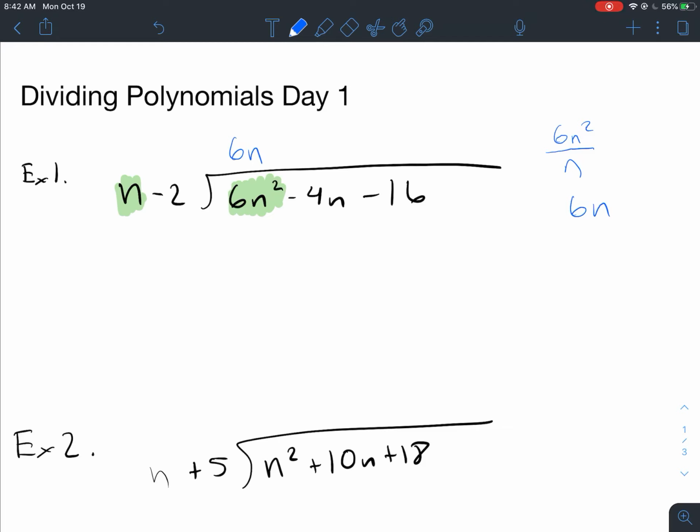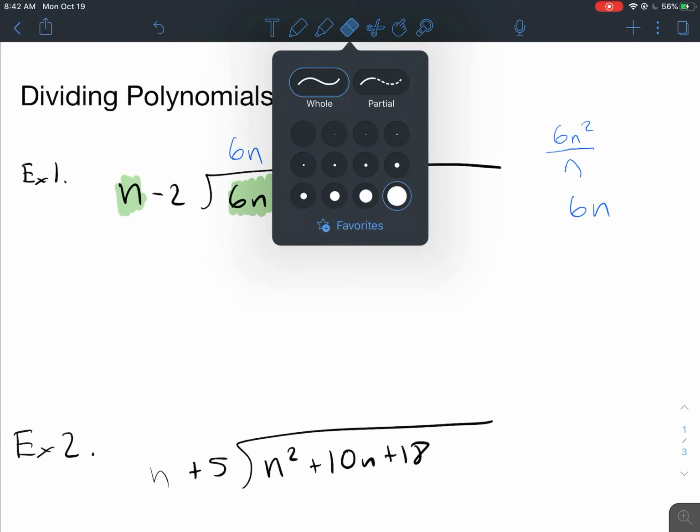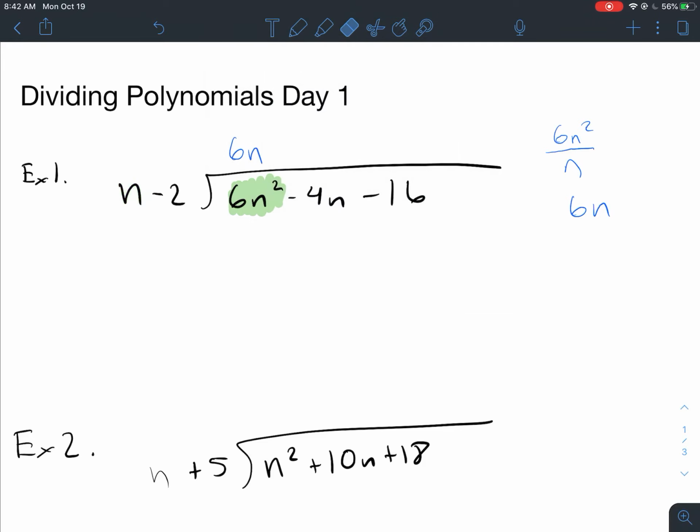Then we take this 6n and multiply each of these terms by 6n. So n times 6n, we get 6n squared. Then negative 2 times 6n gives us a negative 12n.